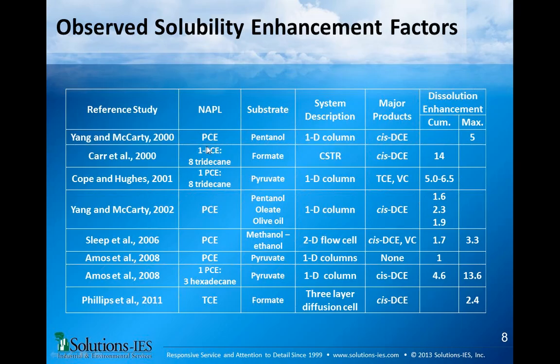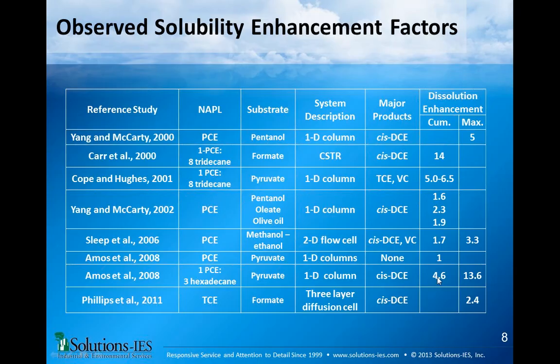If you look, here's a series of column studies, dissolution enhancements, well, the maximum was 5. Carr et al. had a maximum of 14, a cumulative of 14. Yang and McCarty using pentanol, oleate, and olive oil, cumulative improvements of 1.6, 2.3, 1.9, slip 1.7, but a maximum of 3.